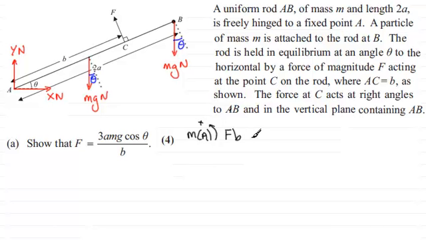And then if I look at the moment given by the weight of the rod, the weight can be split into 2 components, one down the rod and one perpendicular to the rod.